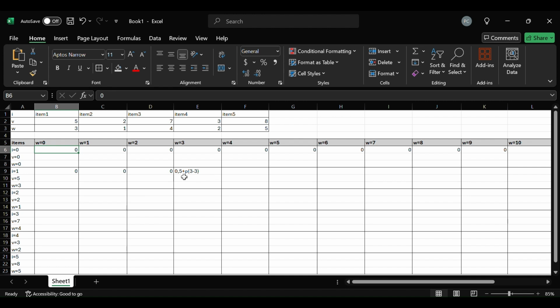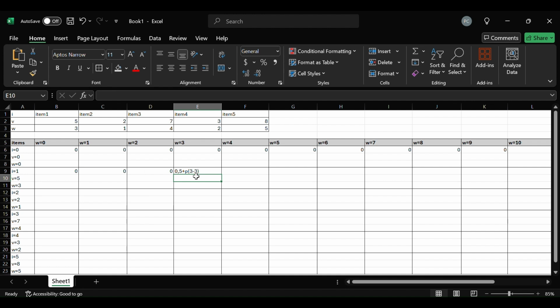I repeat, we have P of 3 minus 3, so P of 0, and P of 0 is you go up and then you navigate to this point here for 0, right? P of 0 here, and our value here is 0, so this will be 5 plus 0, which is 5.